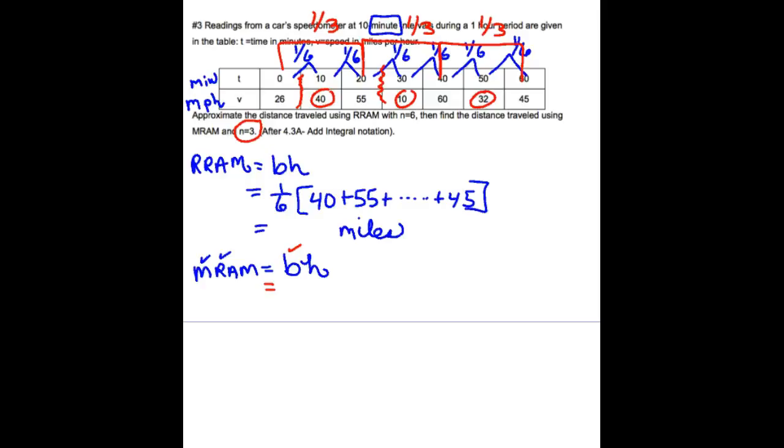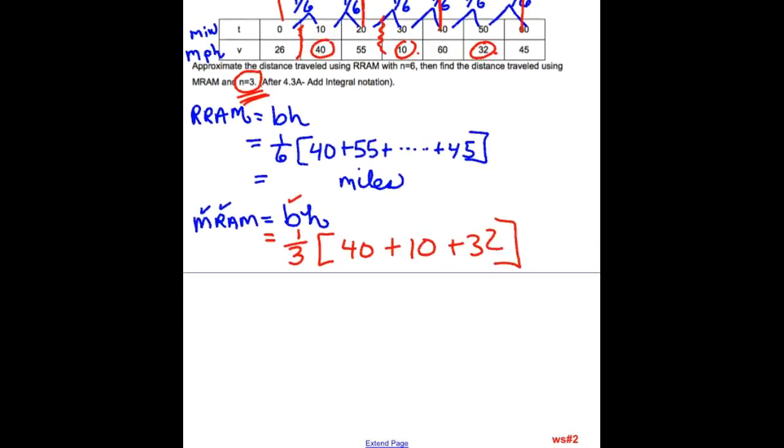So when I do base times height of my 3 rectangles, it'd be 1/3 times 40 plus 1/3 times 10 plus 1/3 times 32, or equivalently, 1/3 times the middle value, the middle value, and the middle value. And that'll give me the midpoint approximation. And again, when I'm multiplying my hours times my miles per hour, it will yield an answer in miles.